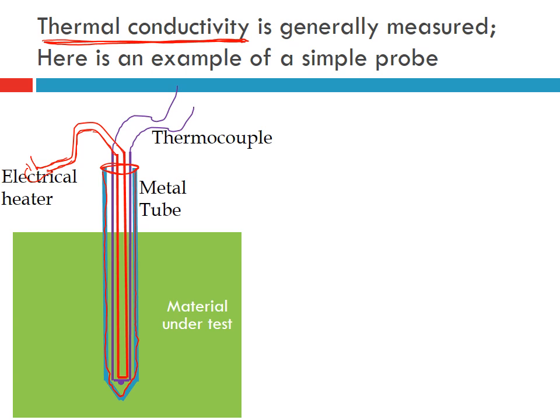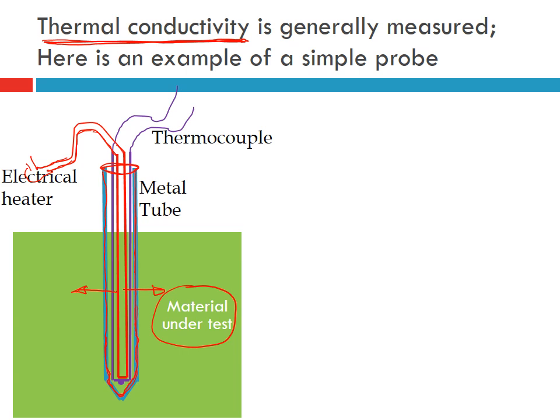As it generates heat, that heat is going to make this sheath hotter, and depending on what material I insert the sheath into, the heat that is generated is going to dissipate into the material easier or faster, easier or slower.